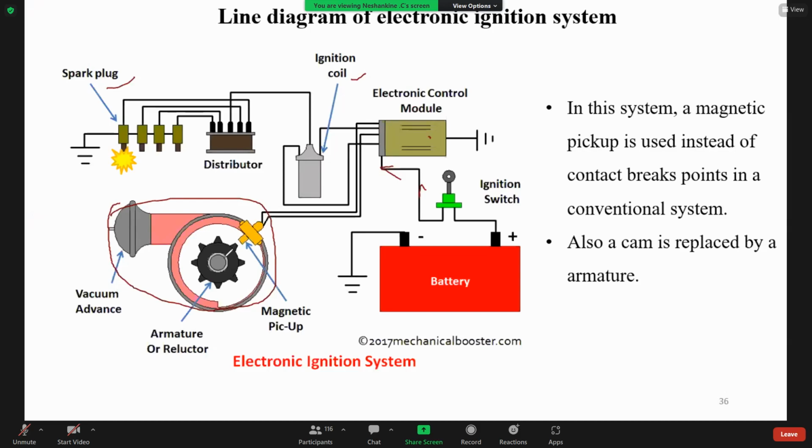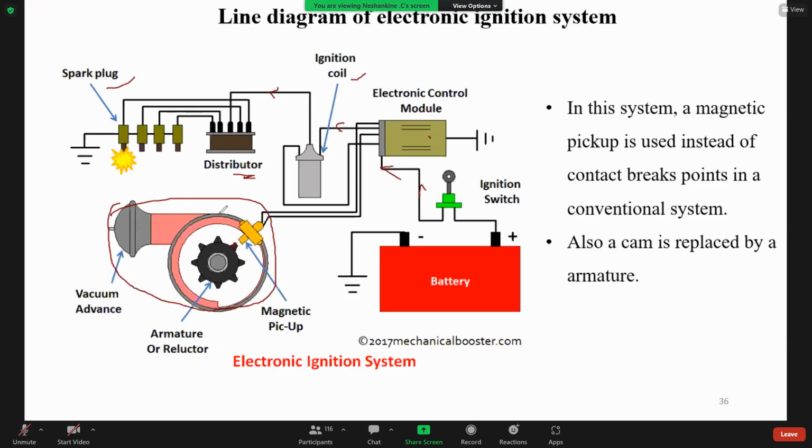So if the donut part or sharp edge of this armature comes near this magnetic pickup, a voltage signal is produced here. That passes through this electronic control module, then through this ignition coil, then this way and reaches this distributor. Then that voltage passes to this spark plug.